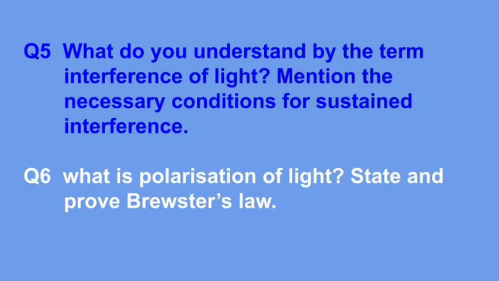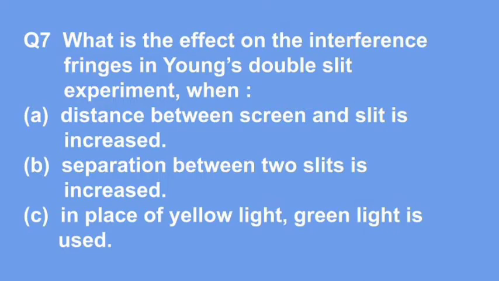And Brewster's law states that when unpolarized light is incident at a polarizing angle IP on an interface separating air from a medium of refractive index mu, then reflected light is fully polarized with vibrations in the perpendicular direction of the plane of incidence, provided mu = tan IP.